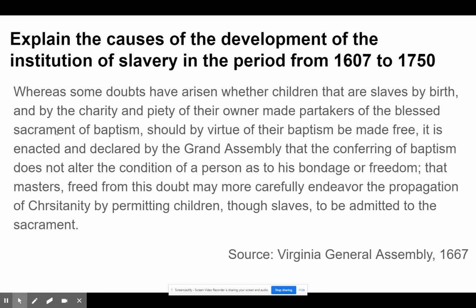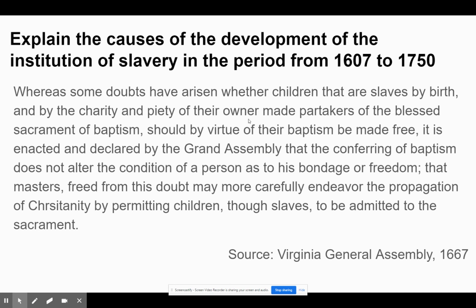Baptism is one of the sacraments or rites, and to be Christian you must be baptized. So there's this concern that if you baptize an African American child, they might have a new status, a Christian brotherhood, if you will. And what does that do, legally speaking, for the slave owner?